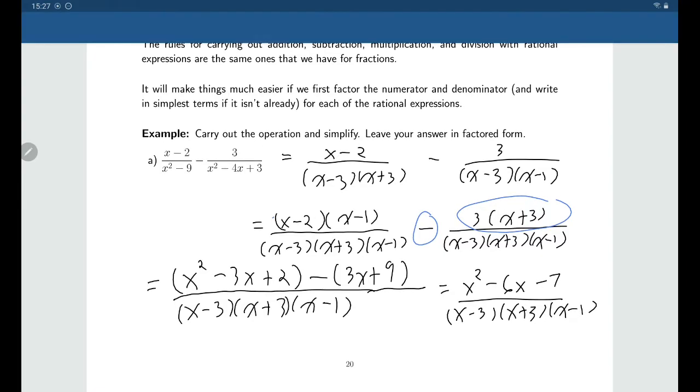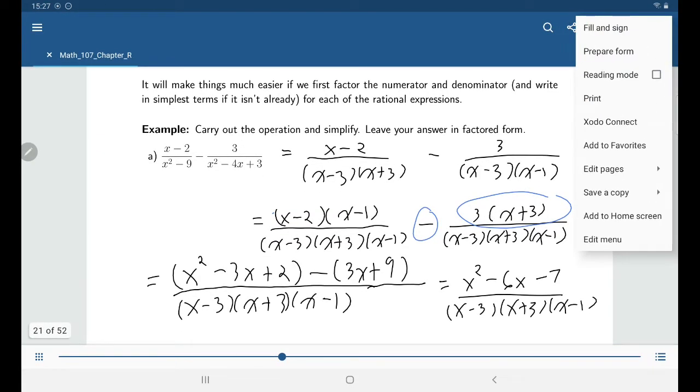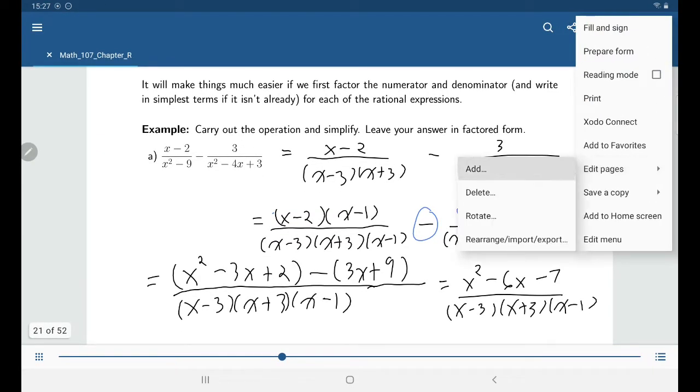Now you might feel tempted to stop right there and say, oh great, we've got an answer, we'll feel happy about that. But remember that we want to make sure that our answer is in simplest terms, and we don't know if it's in simplest terms because we haven't factored the numerator, and it's possible that there might be something that cancels. So what we're going to do next is factor our numerator.